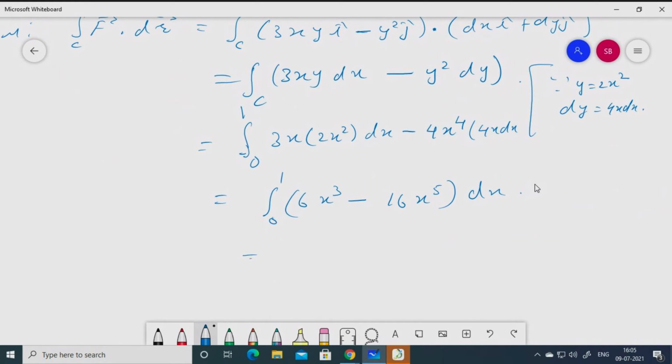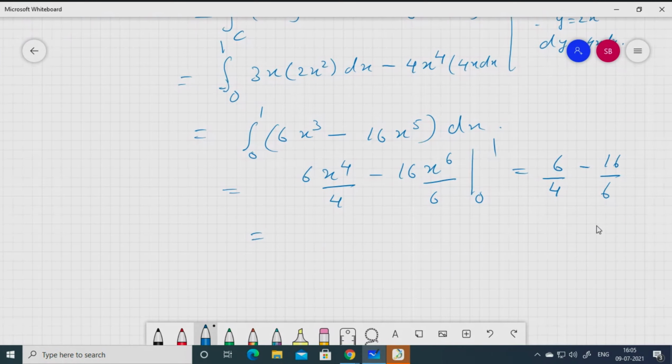So integrate and tell me the result. With limits 0 to 1, for 0 it will become 0, and for 1 only you will get a value. For 1 it will be 6 by 4 minus 16 by 6. How much did you get?